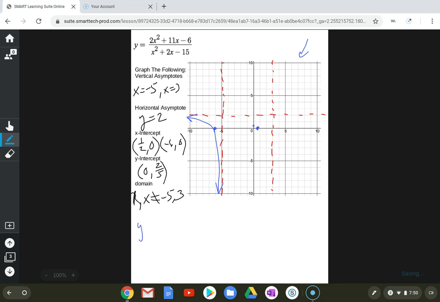So if we plug in a 4, so if I find y of 4, I get 2 times 16, so 32 plus 44 minus 6 over 16 plus 8, which is 24 minus 15. Okay, so 32 plus 44 is 76 minus 6 is 70. 24 minus 15 is 9. So this is a little bit above 7, right? 9 times 8 is 72, so we're a little bit less than 8. So 1, 2, 3, 4, 5, 6, 7, somewhere around here.